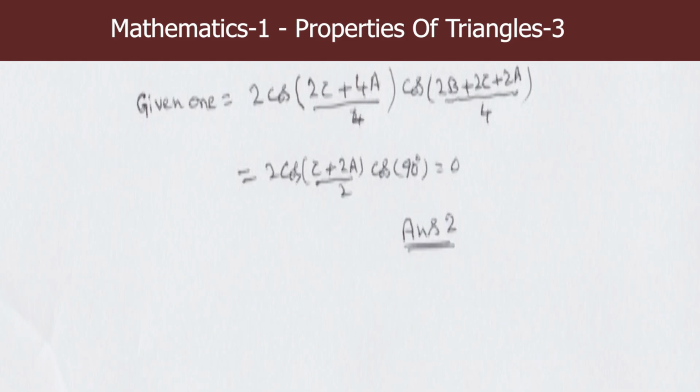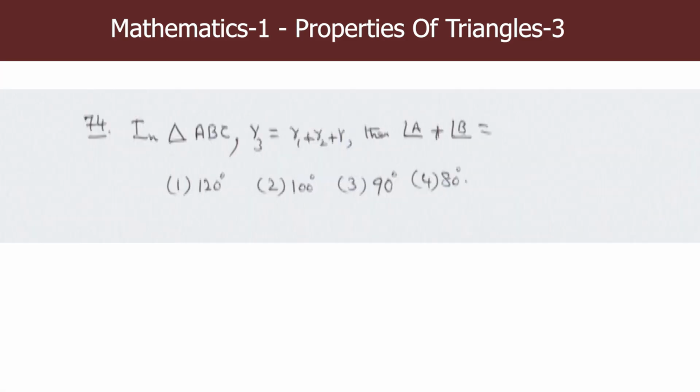Because in triangle ABC, A + B + C is equal to 180 degrees. So this is again 2 cos (C + 2A)/2 into cos 90 degrees. This is cos 90 because (2B + 2C + 2A)/4 means 360/4, which is 90 degrees. So the answer is 0. So the correct option is 2.